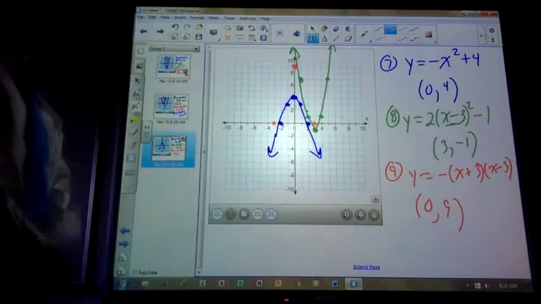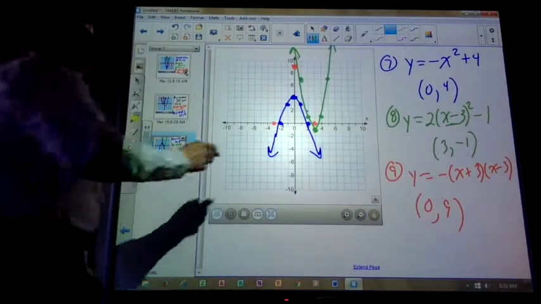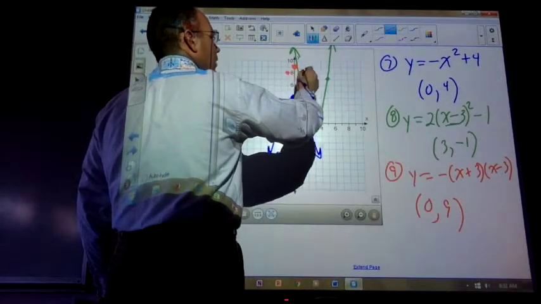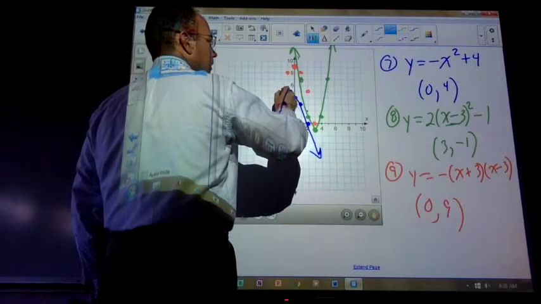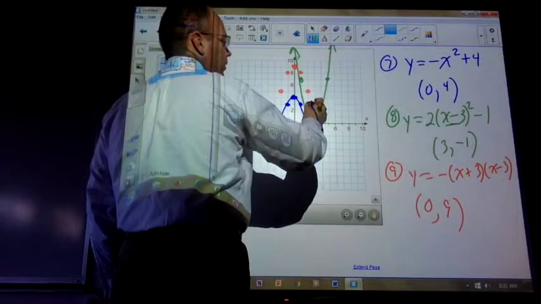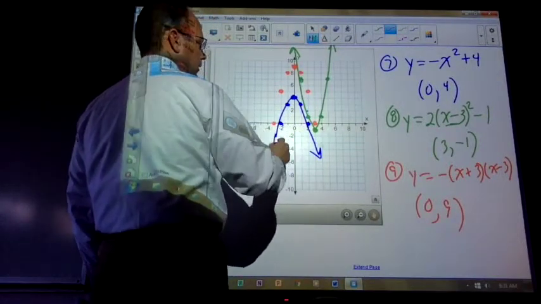It's growing at a rate that's negative 1, negative 3, negative 5. So I'm going to go right 1, down 1, left 1, down 1, right 1, down 3, left 1, down 3, and then right 1, down 5.